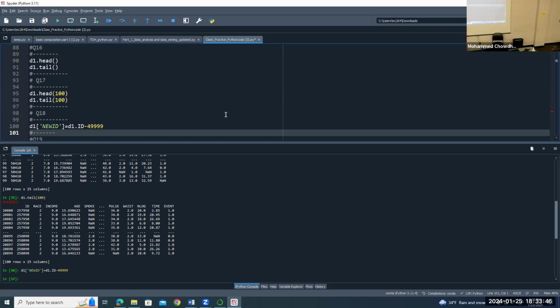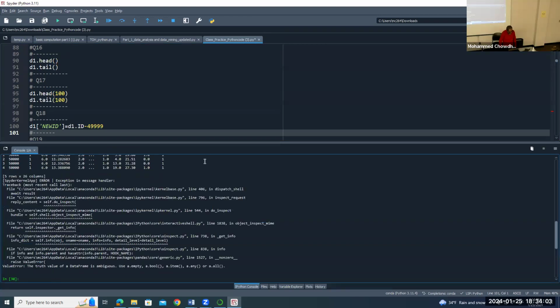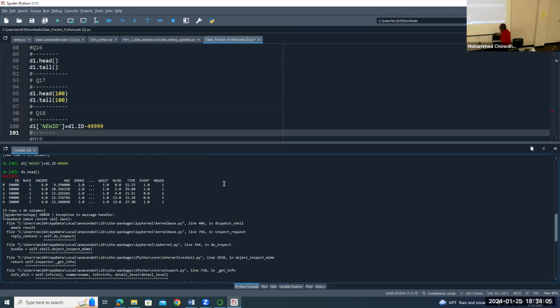I take the original ID variable from D1, and from each ID I subtracted 49,900 and I got a new ID variable. Now take a look at D1.head and see, I got this ID. Previously, that was my ID, 50,000. Now ID is 111.